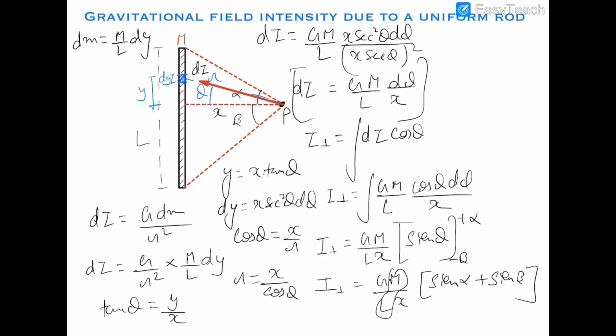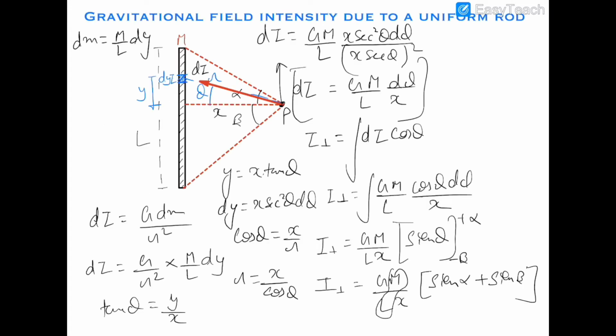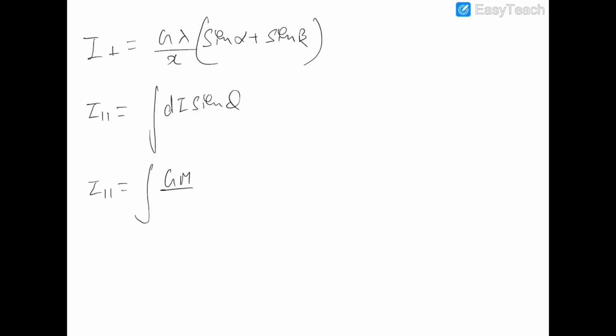Okay, now the I parallel component, this one, would be dI sine theta, and therefore I parallel I'll write as integration of dI sine theta. Now the value of dI would be this one, GM by L d theta by x, and this is sine theta. So I parallel will be GM by Lx, and integration of sine theta is minus cos theta.